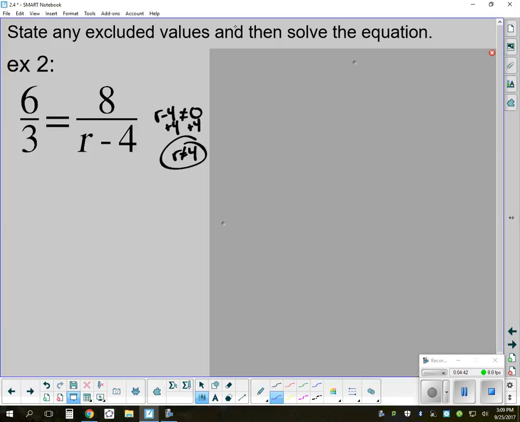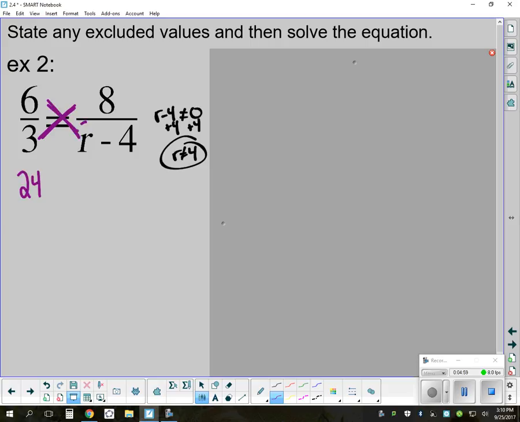Now, along with that, I also want you to solve the problem. Fraction equal to a fraction, you can cross multiply. It doesn't matter which cross you do first because it's an equation. 3 times 8 is 24. When you do this other cross, though, you have to be very careful.